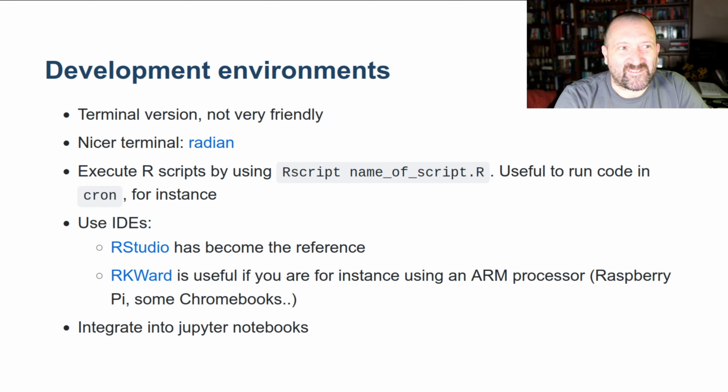Macs now have ARM processors, and RStudio compiles a version for those, but they don't for ARM on Raspberry Pis and so on. And I'll point out that it's also possible to integrate R into Jupyter notebooks. If you don't know what that is, it's not really important to look at. But if you know what a Jupyter notebook is, just be aware that you can write a Jupyter notebook in R as well as in Python.